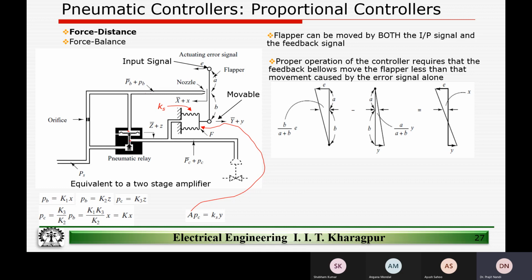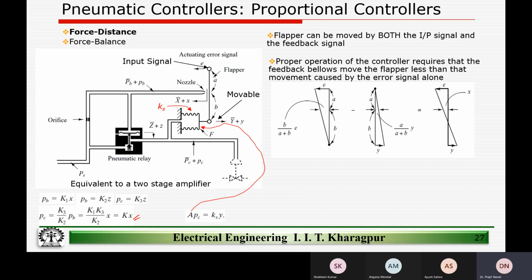But right here, this is PC. Along this whole thing, it is PC, right? So the area times the pressure here, PC, is equal to the bellow constant. You can think of it as a spring constant multiplied by Y, right? So this is another thing that we need to take care of, right?